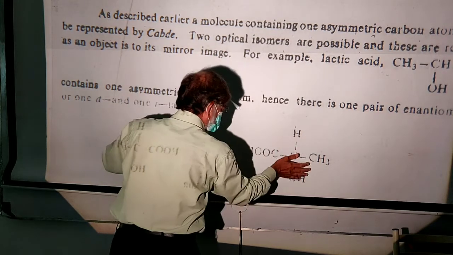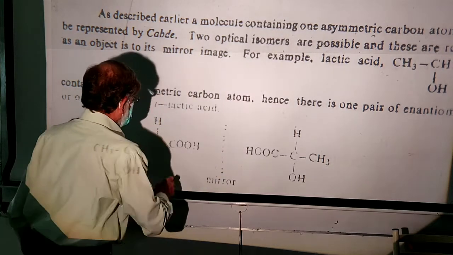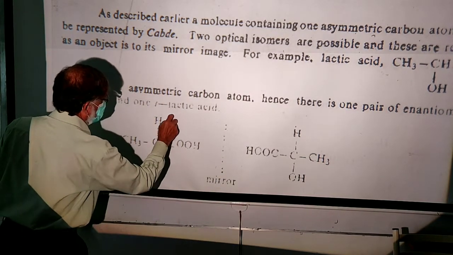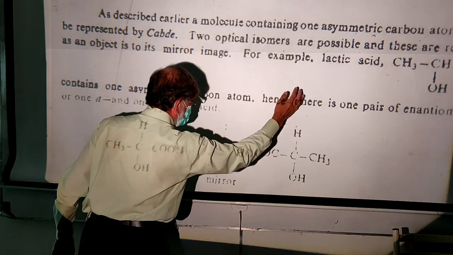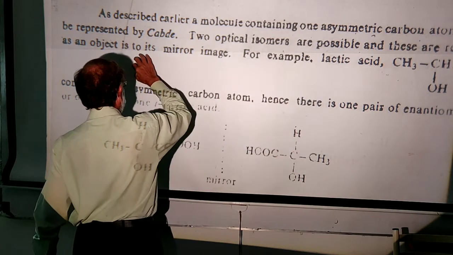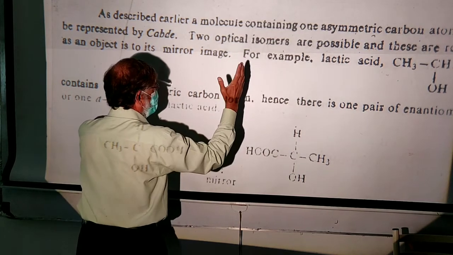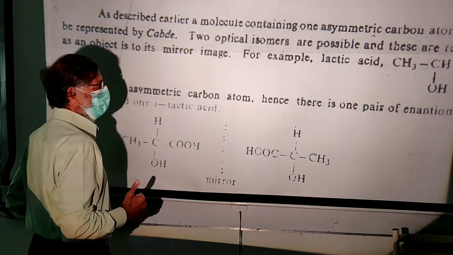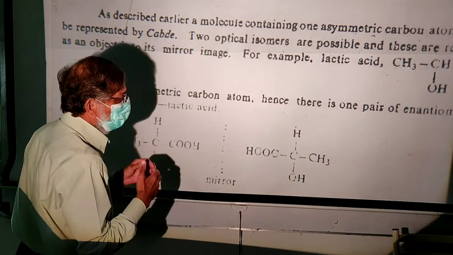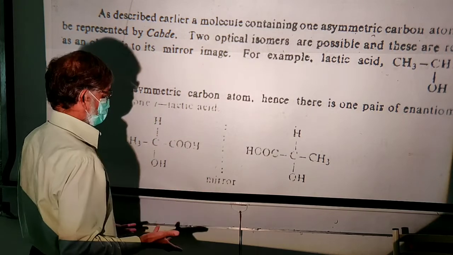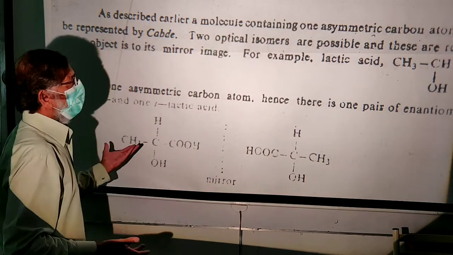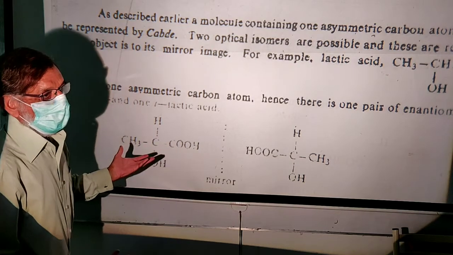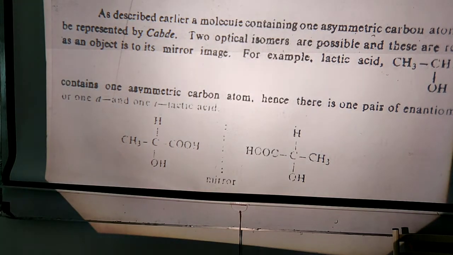When left and right are equal, 50% toward this side, 50% toward this side, and they combine together, they nullify each other. Accordingly, that compound will be optically inactive. This is the best way to let you know.